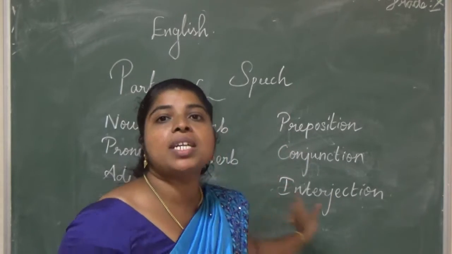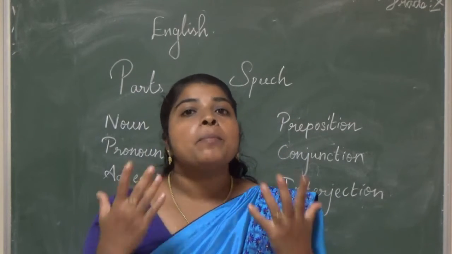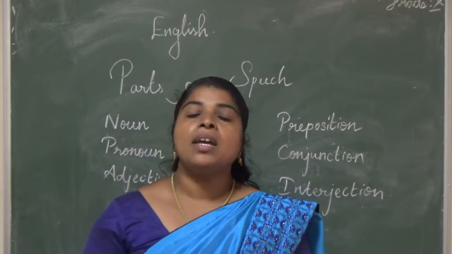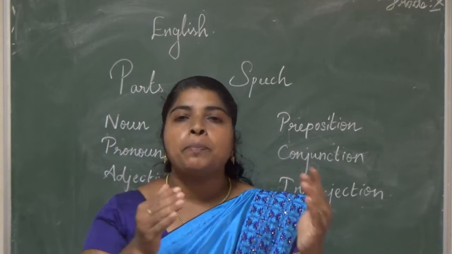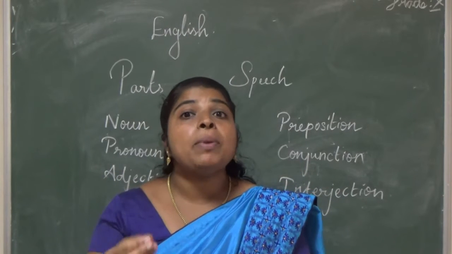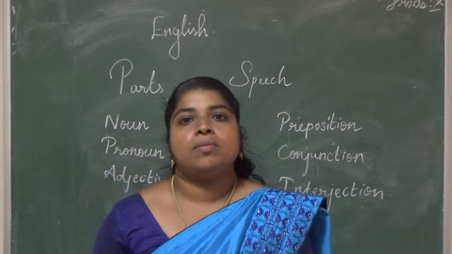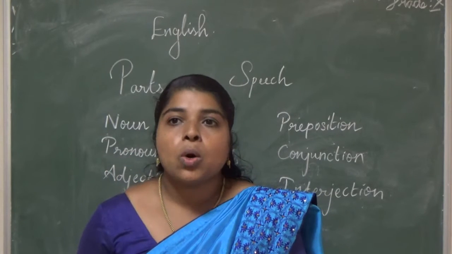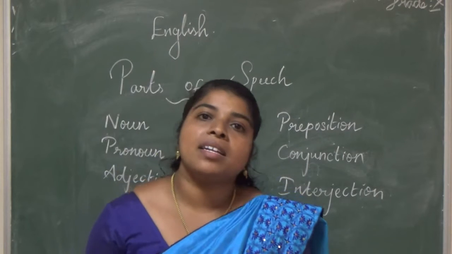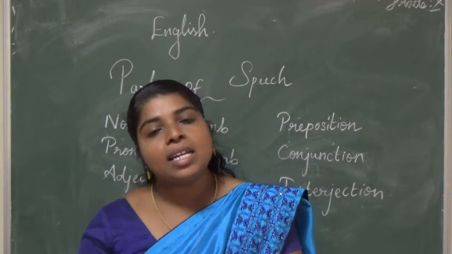Now, preposition, conjunction and interjection. We are going to move on. The first topic we will take is preposition. This preposition will say about the place, time or direction, and it will usually be placed before a noun. So, Ram is playing in the garden. Here Ram is a noun, garden is a noun.